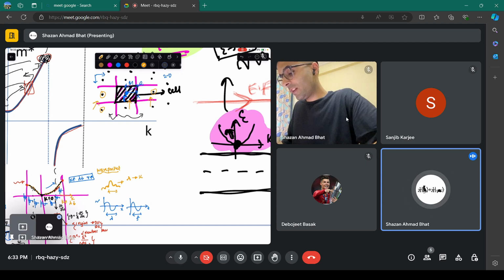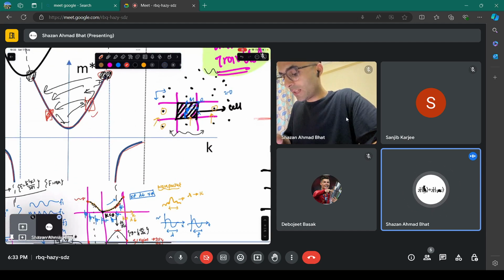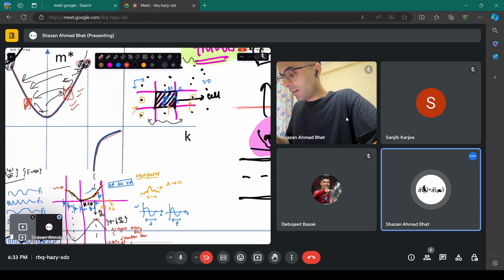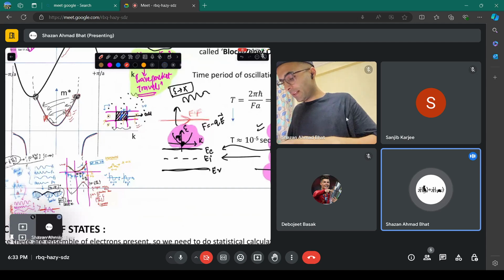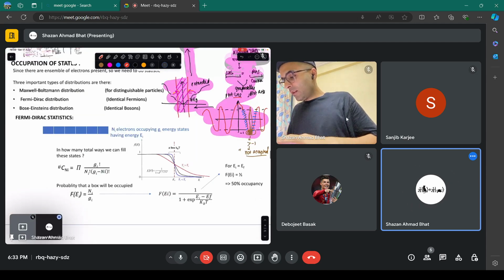It's a very good approximation, at least to understand what is happening to the electron. But the only single thing we are neglecting here is that we are not considering any impurity. If you consider the impurity, that is how the electron moves inside this particular thing. Here we are not considering any impurity, but there are impurities in the atoms, and the electron gets scattered because of that impurity. And that is the concept about it.